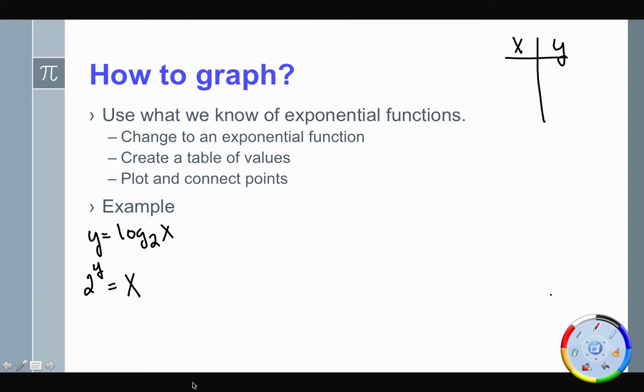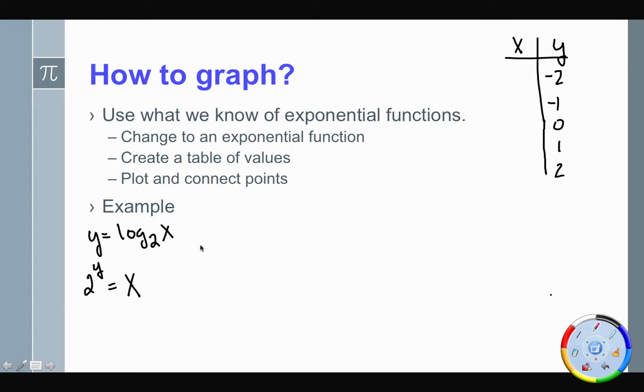Now, what we did with the exponential functions is we chose exponents to plug in. So in this case, we are going to choose y values. So we're going to plug in -2, -1, 0, 1, and 2, just like we did with the exponential function. Only in this case, we're going to be plugging them in for the value of y and getting out an x.